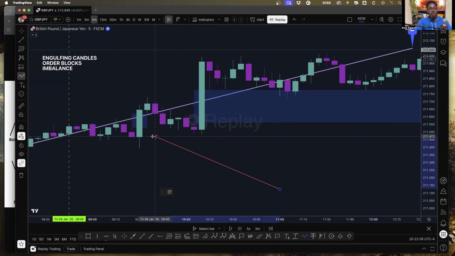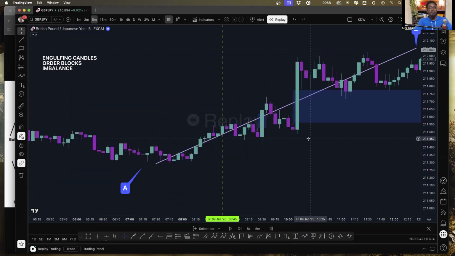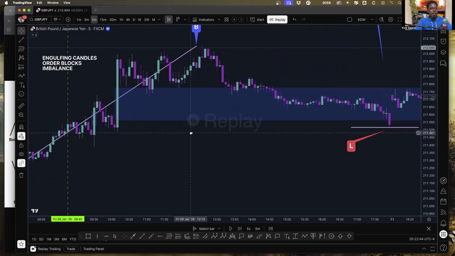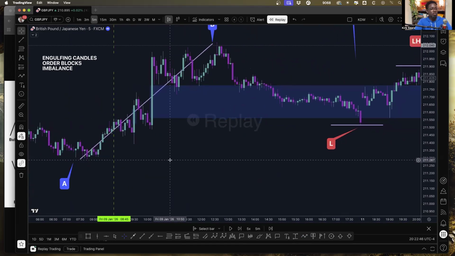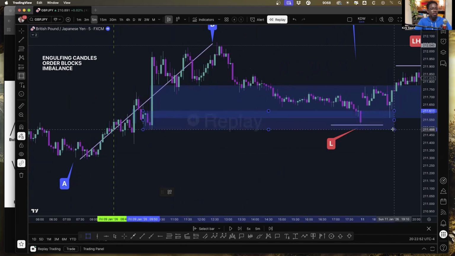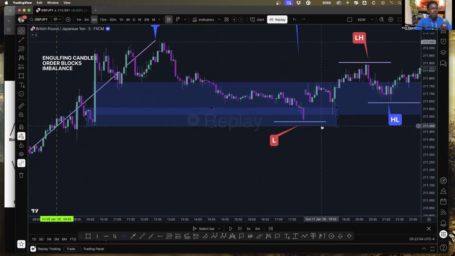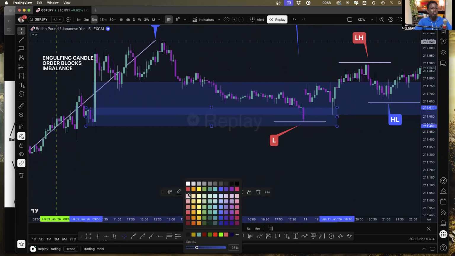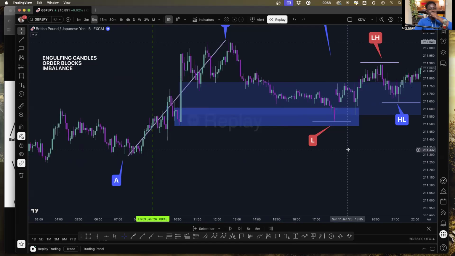So this is an engulfing candle. This one here is an engulfing candle. When you find things like engulfing candles, you would also draw a box, right? And let that box tell you, all right, this is an area that I could pay attention to.